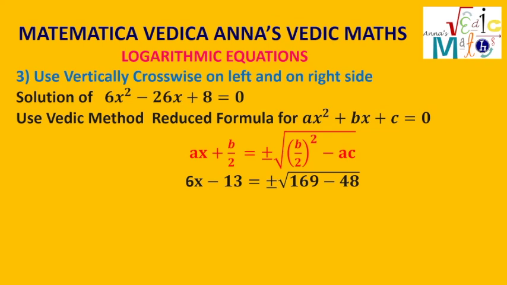We apply this to our equation, so we have 12x that becomes 6x, minus 26 that becomes 13, equal plus minus the square root of 13 squared minus 6 by 8, 48.